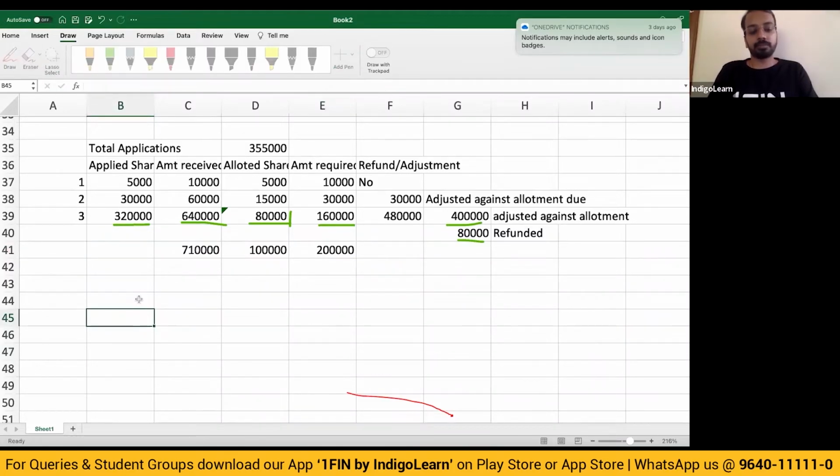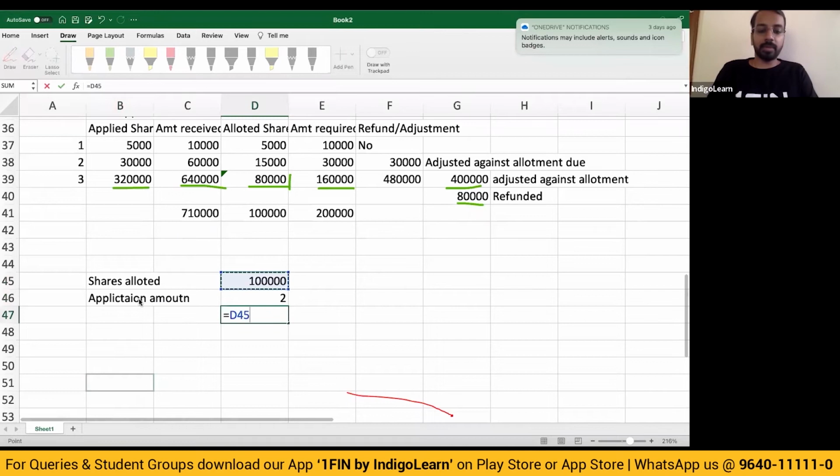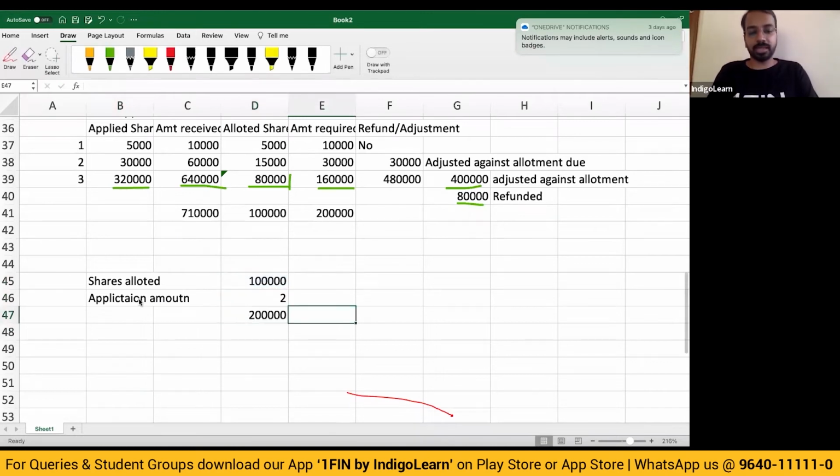Shares allotted 1 lakh. Application amount 2. So 1 lakh multiplied by 2, 2 lakhs. This has to be transferred to capital. Then how much is to be transferred to allotment?